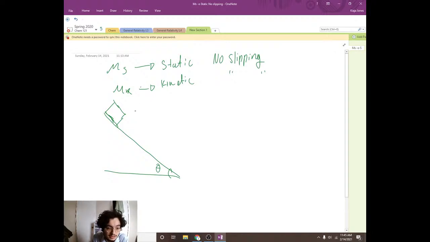So in this case, let's say that we want to find the minimum coefficient of static friction. What's the minimum in order for the box to start slipping? And the interesting thing is that even though the box is going to have a force of friction in this direction at all times before it starts slipping, which is static friction, the box is not going to rotate, right?